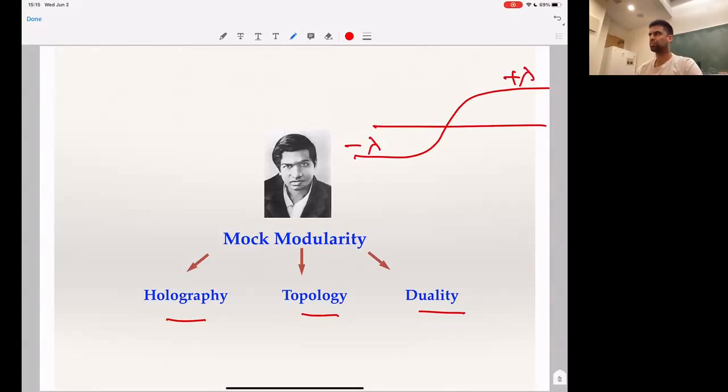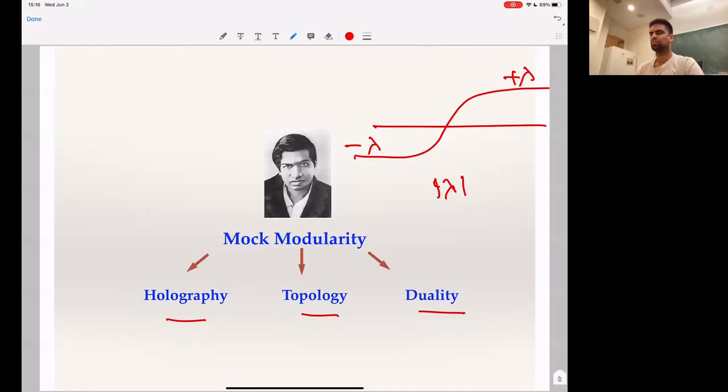Then you cannot compactify, and the error function is actually proportional to the absolute value of lambda. I see. So for example, when you are defining a trace, right?